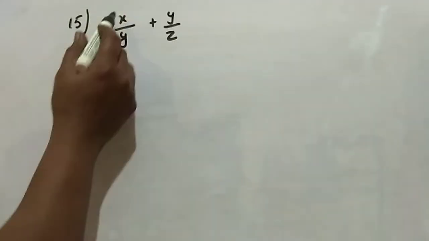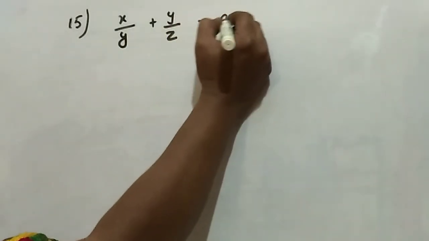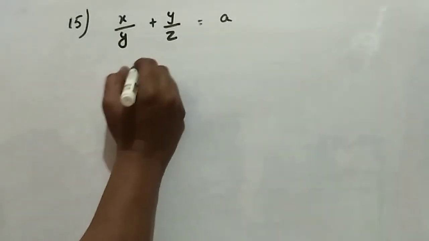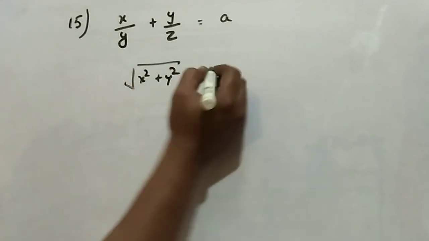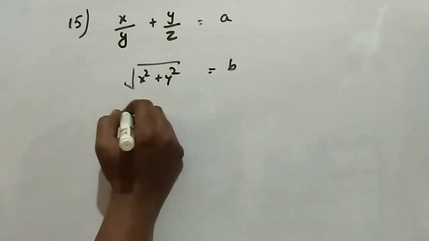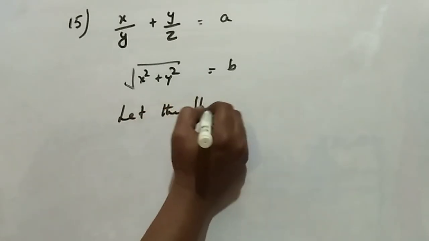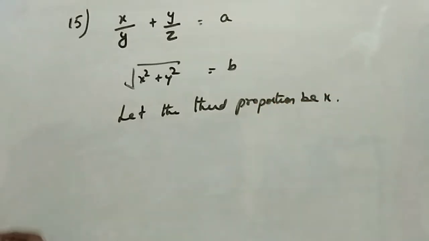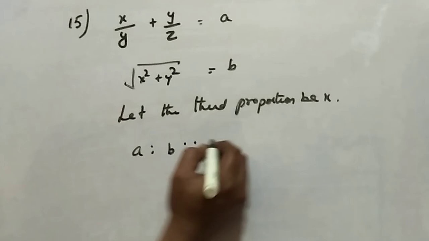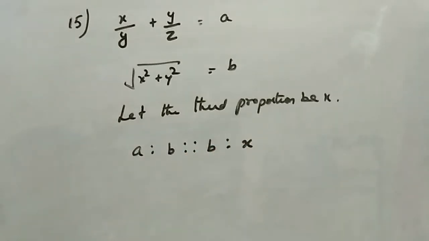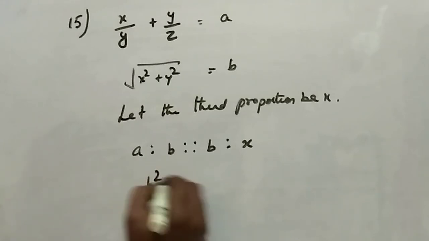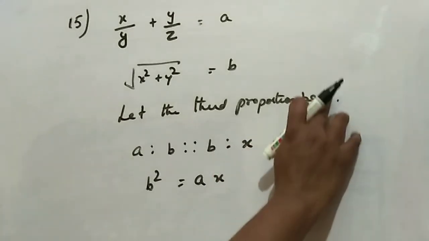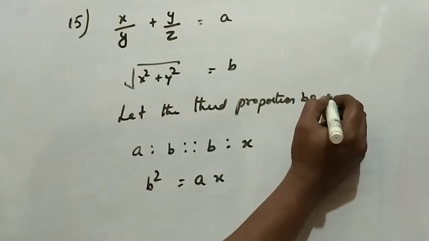X upon y plus y upon x is the first proportion, under root x square plus y square is the second proportion, and let the third proportion be C. So you write A is to B is equal to B is to C, so B square is equal to AC.